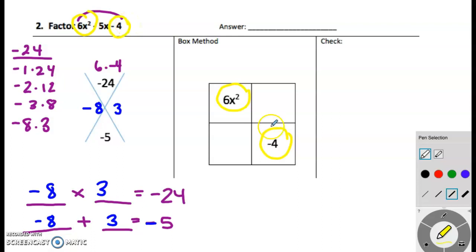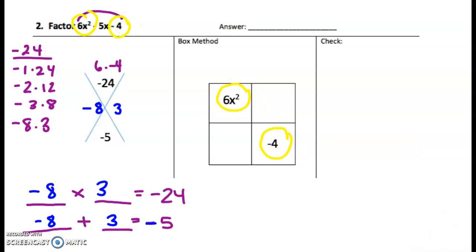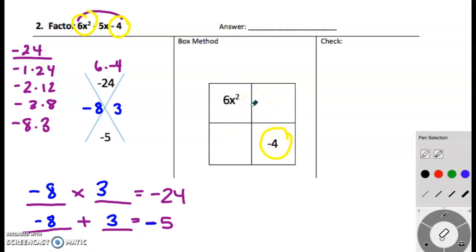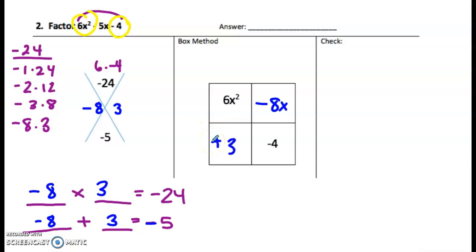There is zero work involved with how you fill in this box and this box. Where we have to put our thoughts and work into is figuring out how to fill in this box and this box, which is why we go through this process with the x over here.